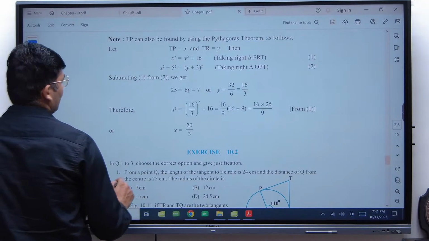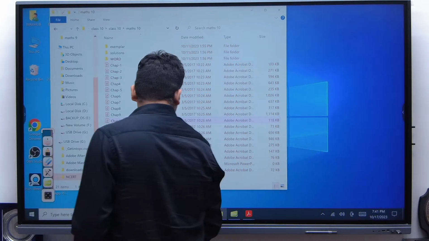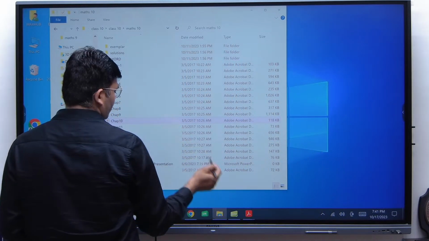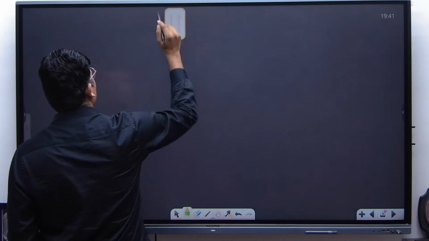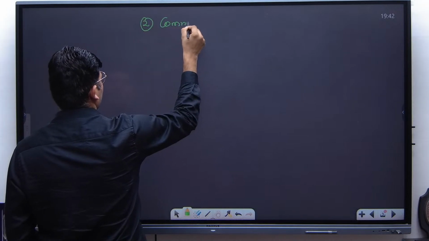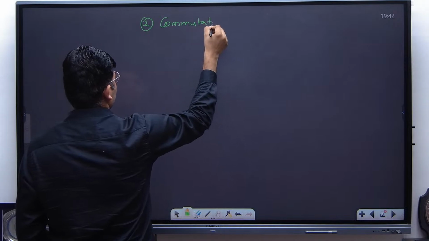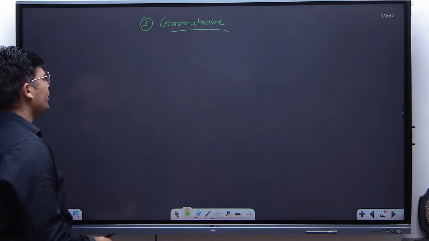Now coming to the second property in mathematics. What is the second property? Commutative. What does commutative mean?